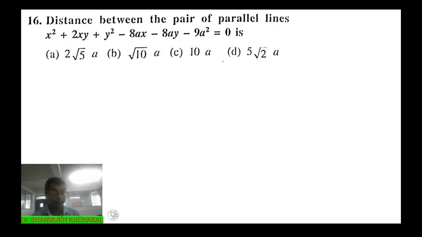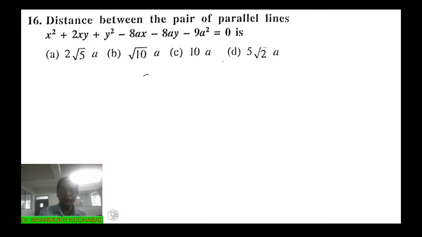Distance between the pair of parallel lines x square plus 2xy plus y square minus 8ax minus 8ay minus 9a square equal to 0 is. So first we'll write the given equation.